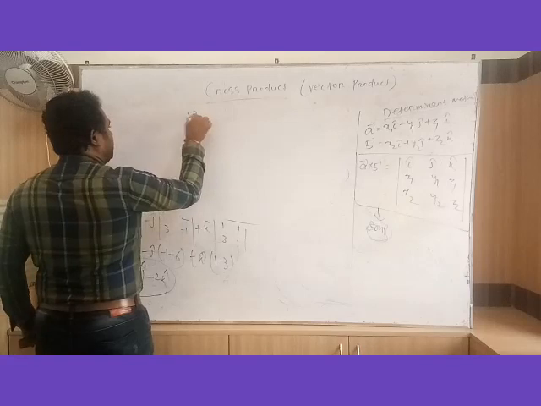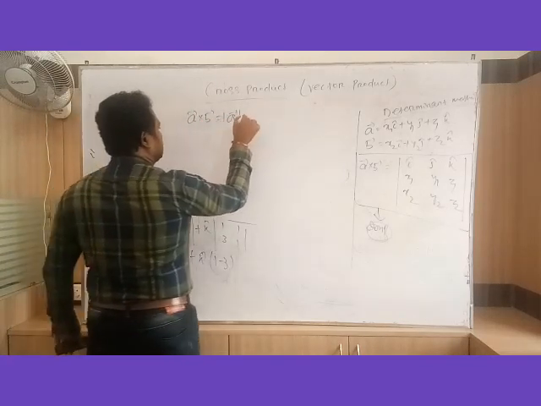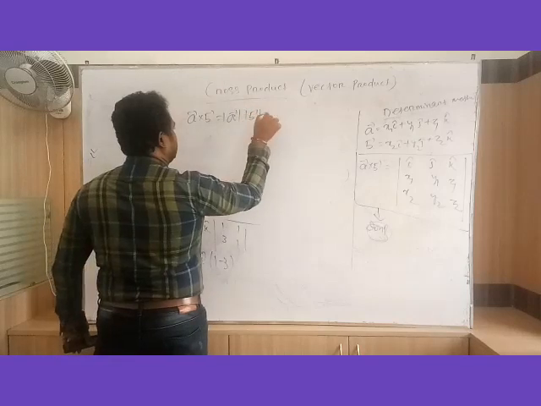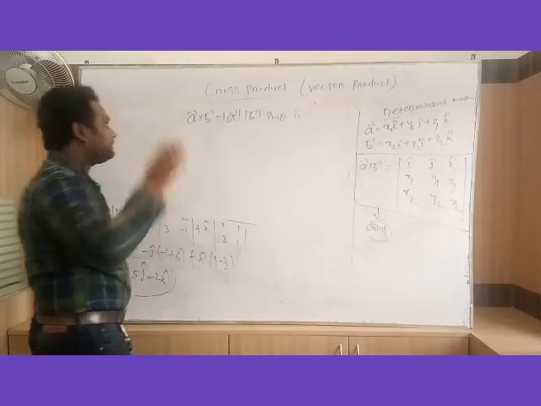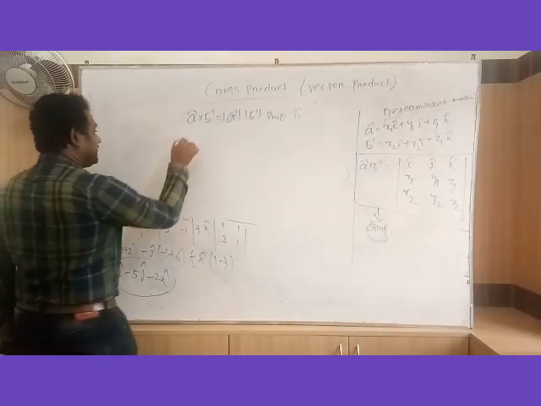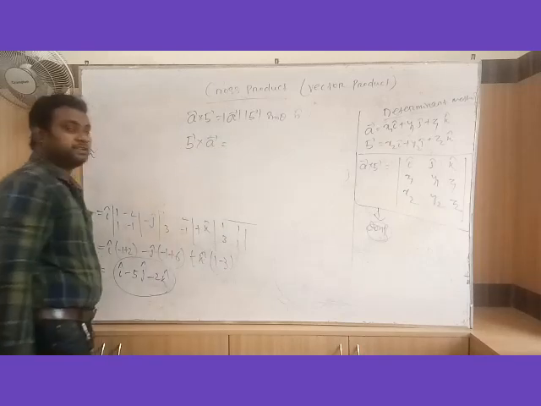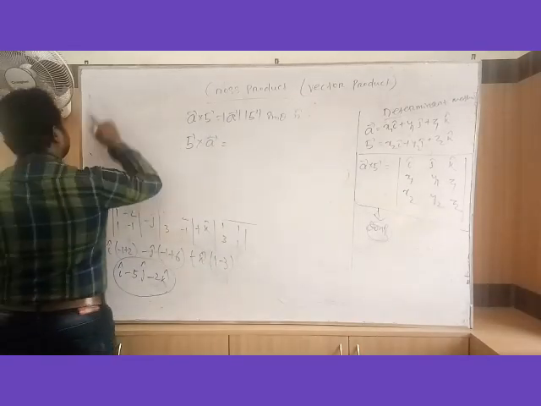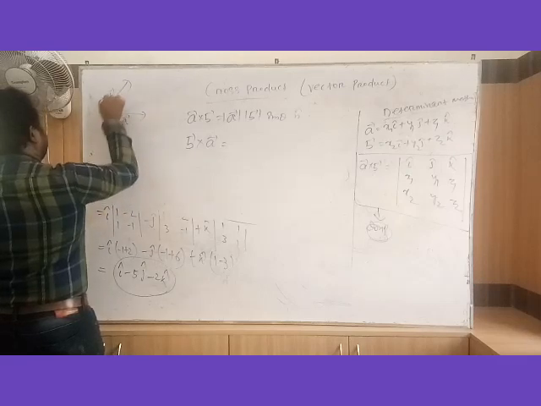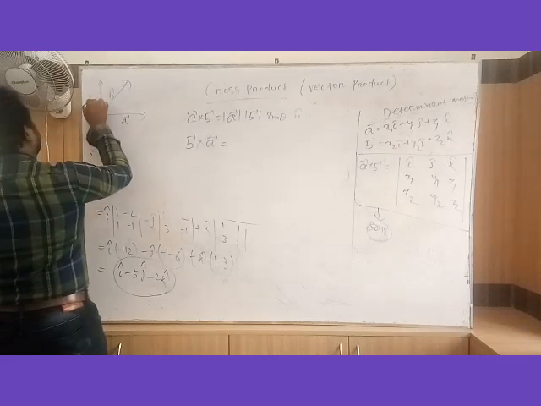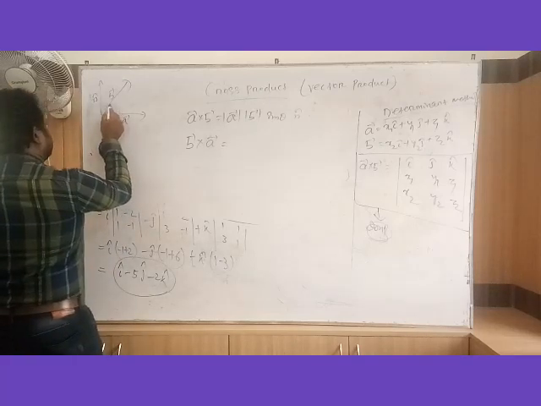We know a vector cross b vector equals magnitude of a, magnitude of b, sin theta n cap. Okay, if you take b cross a, see, a vector, b vector, this n cap is always in the direction given by the cross product.